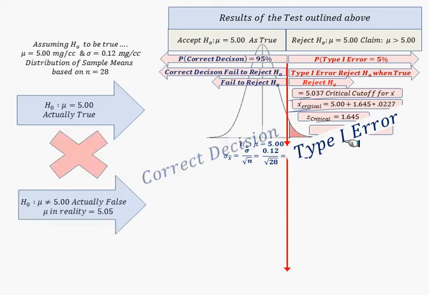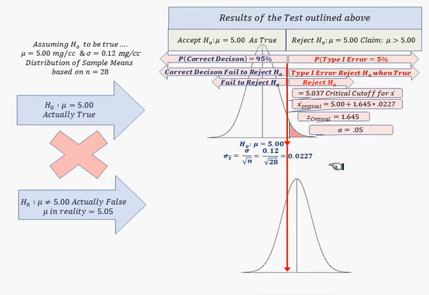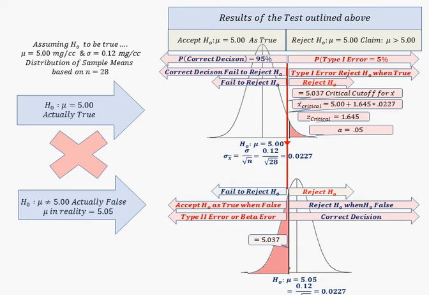Now we're going to look at the case where this is false, and in this case we want to test mu equal to 5.05, standard deviation or the standard error 0.0227, and that's coming on the screen here now. Now this red region is your beta error.